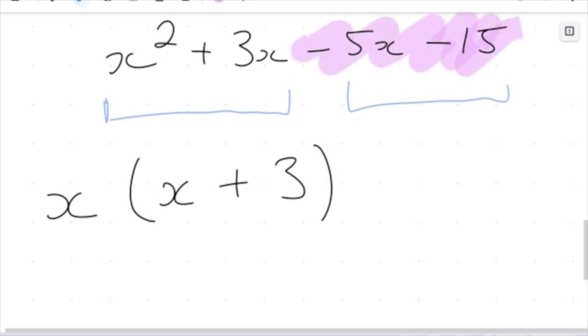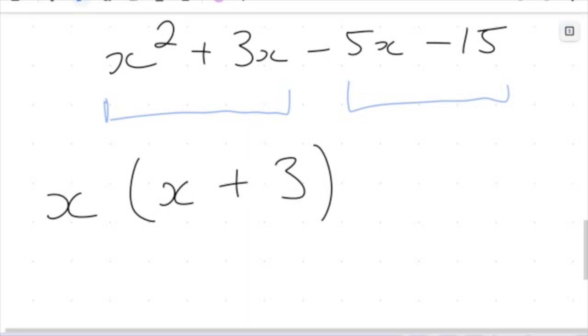Okay, so I can see that negative 5 goes into both of these terms. Positive 5 goes into it as well, or negative 5. I'm just going to pick negative 5 because I personally find that easier to factorize because I have a double negative. So for me, it's going to be easy to pull out the negative.